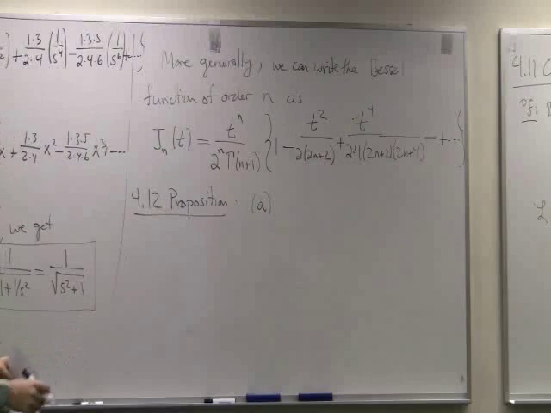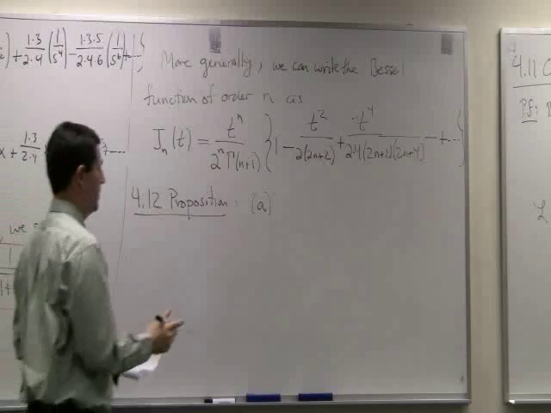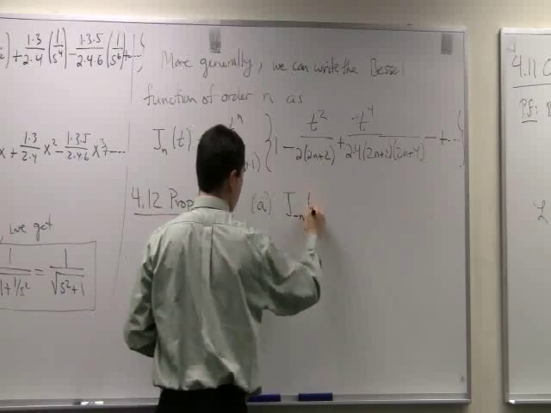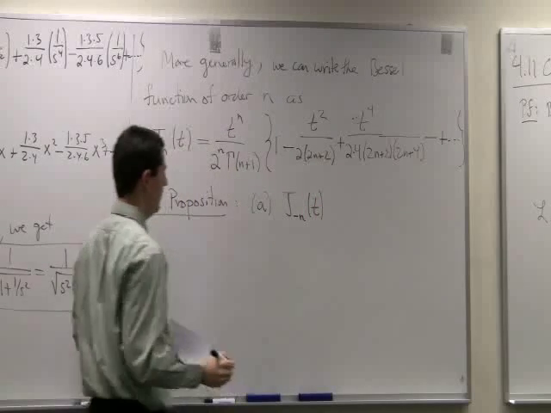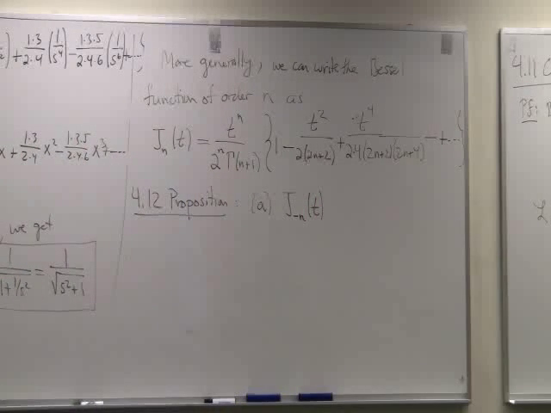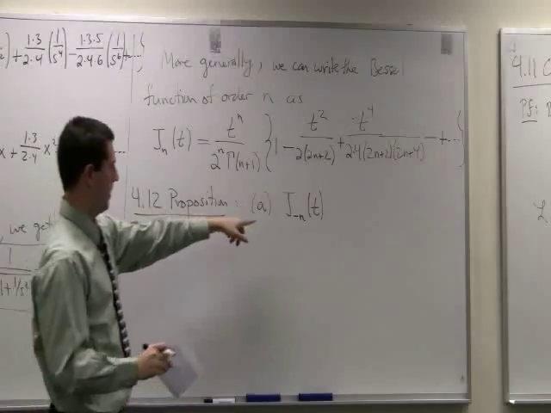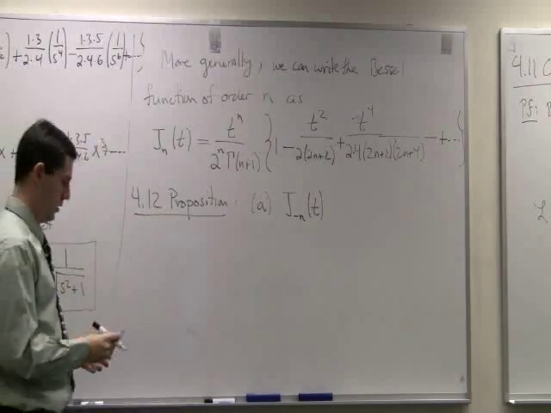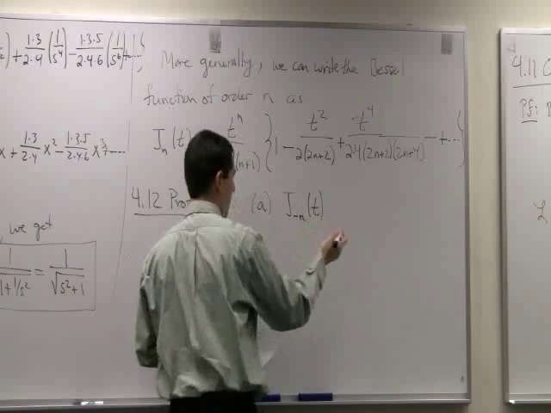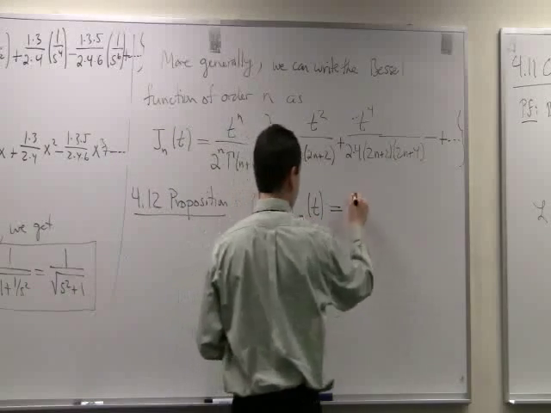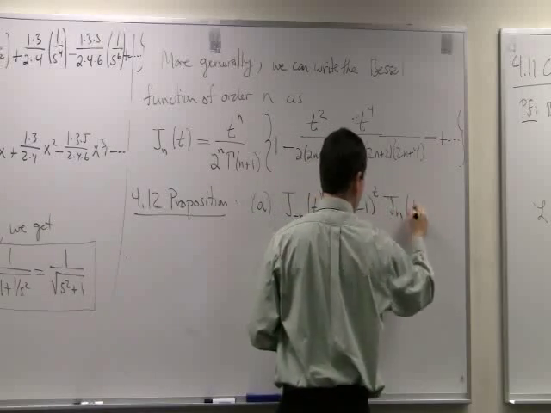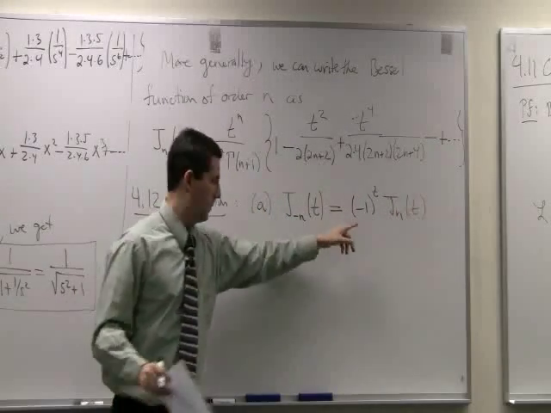So the first thing, we can compute J sub a negative number, or the negative of n. N could be negative to start with. Simply by multiplying Jn of t by, oops, that should be an n.